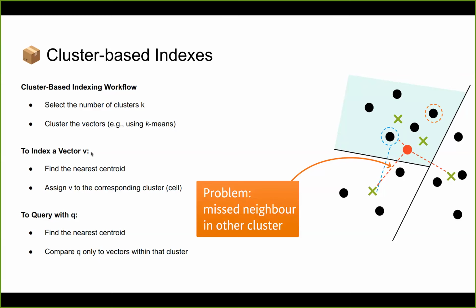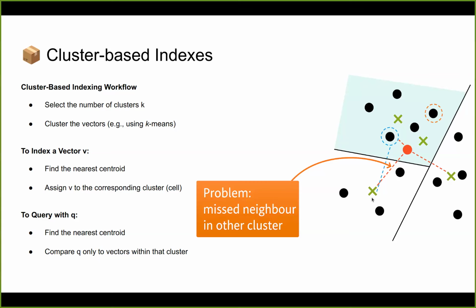Can you think of any idea? So again, to state the question again, in cluster-based indexes, if you're only looking at the closest cluster, you may miss some vectors that are very close to the queried vector, but are not being considered because they belong to another cluster. So the question is, how can we resolve this?